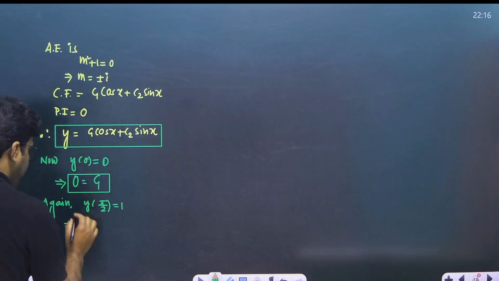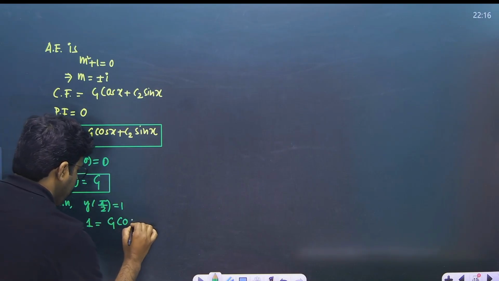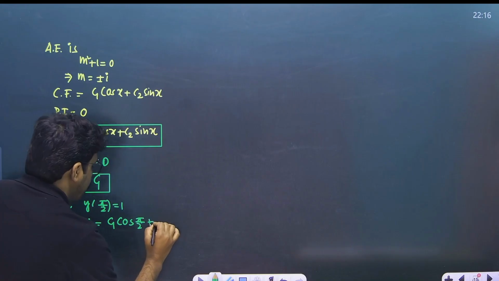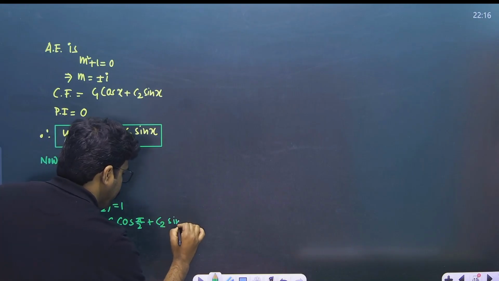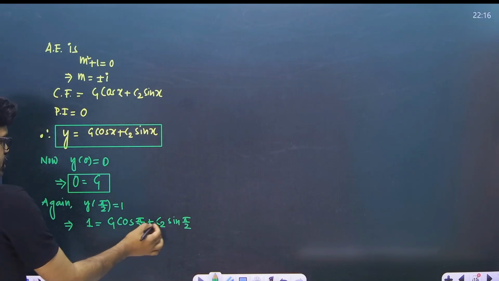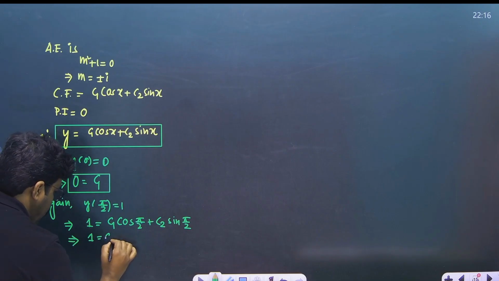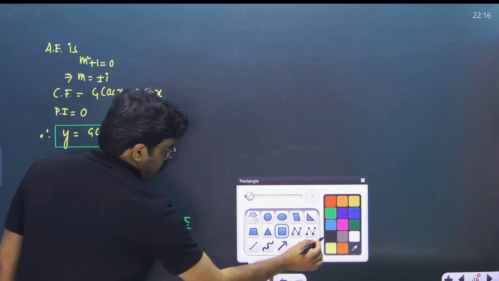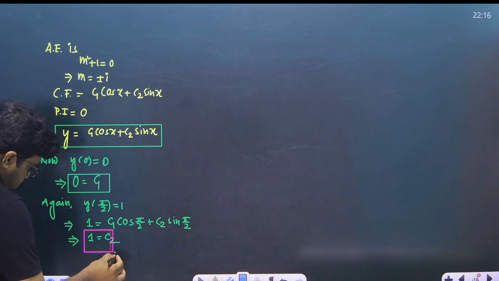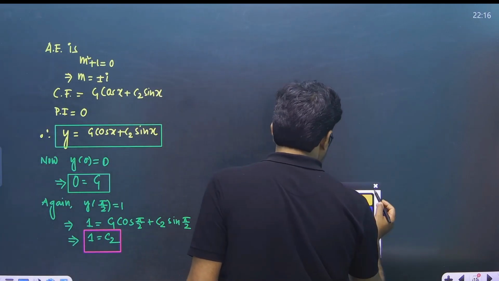So x is equal to π/2 gives C1 cos π/2 plus C2 sin π/2. Cos π/2 is 0, sin π/2 is 1. So ultimately we get 1 is equal to C2. So the value of C2 is 1 and the value of C1 is 0.